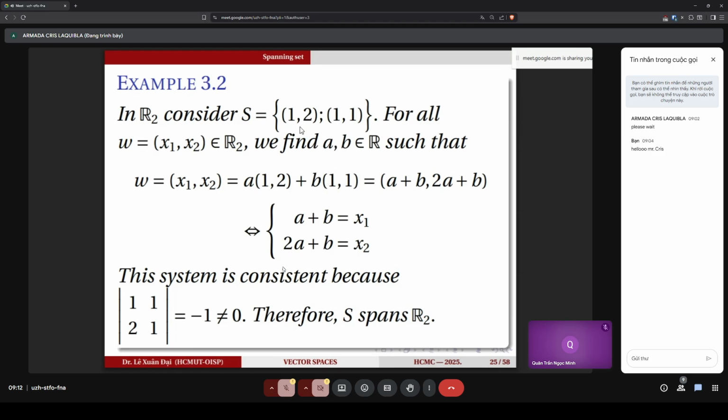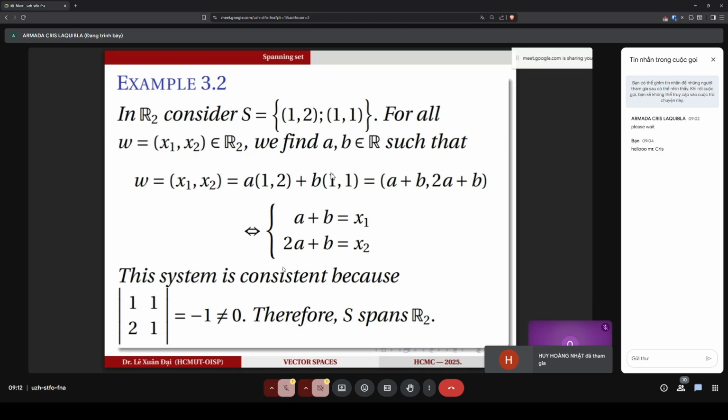Even if this is (1, 0) partnered with another vector, still you have to use a and b. So multiply this one with a, and the second one with b. Can we use other letters? Yes, you can use c and d, or s and t. It's up to you. Now we have this, multiply a here. We have a as the first coordinate, then the second coordinate is 2a.